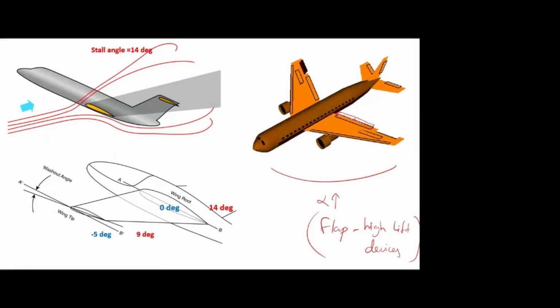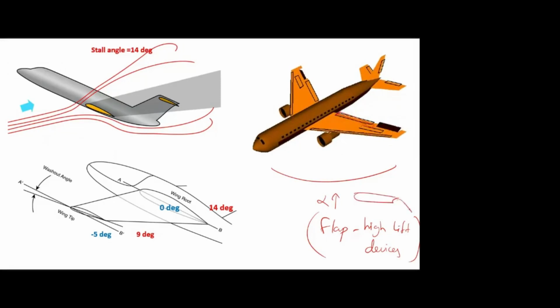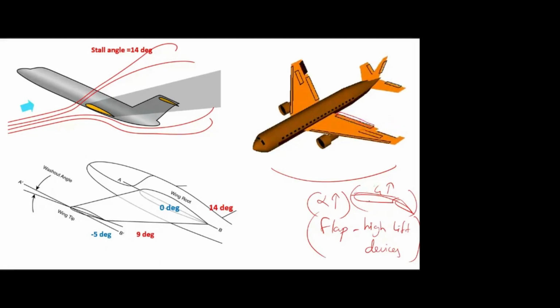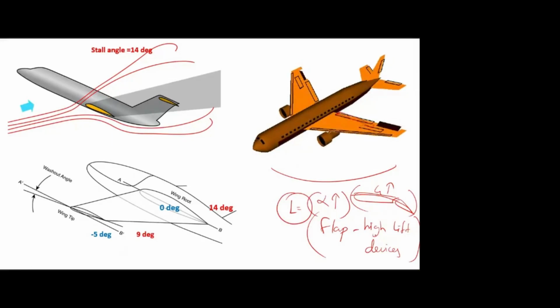Also, we will employ these high lift devices, which are deflected downwards. So what happens? The camber increases, so CL also increases. Along with the increase in angle of attack, we are increasing the camber using these flaps, so that we get further more CL and can produce enough lift. This is the purpose of high lift devices.